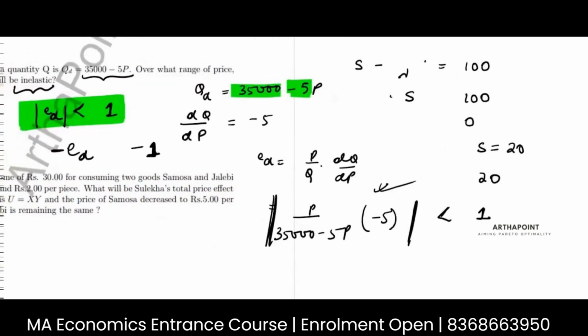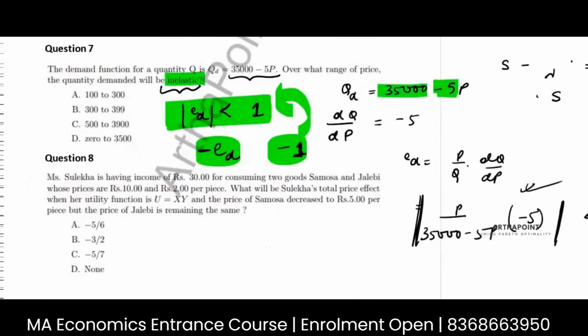So either you compare negative elasticity with minus 1, or you compare absolute with 1. But inelastic means elasticity should be less than 1 in the absolute values, which means it can be minus half, so greater than minus 1.